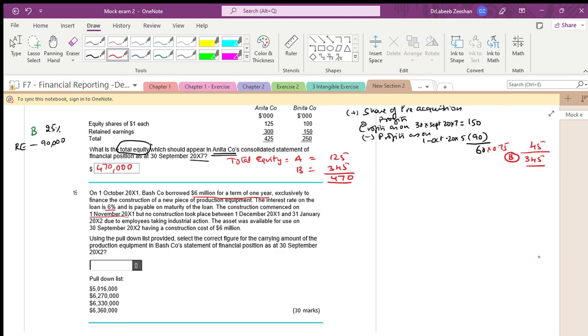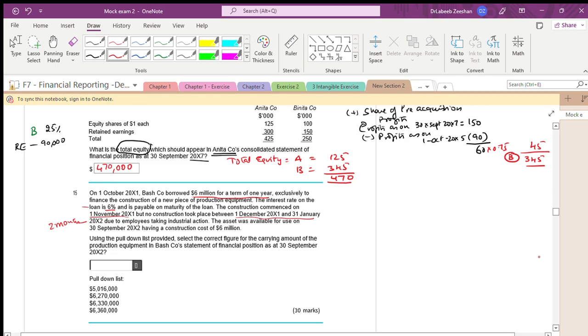But no construction took place between 1st and 31st January. Means there is no construction for how many months? No construction for 2 months.